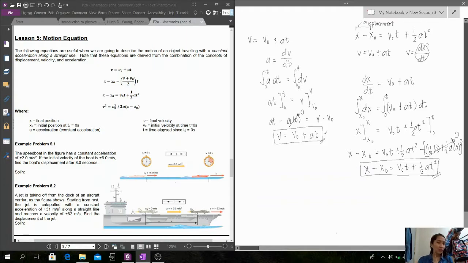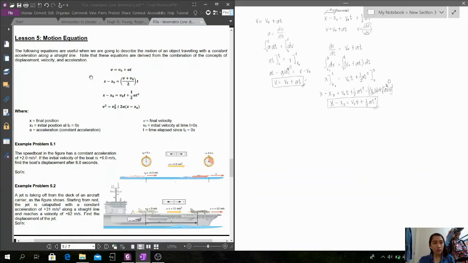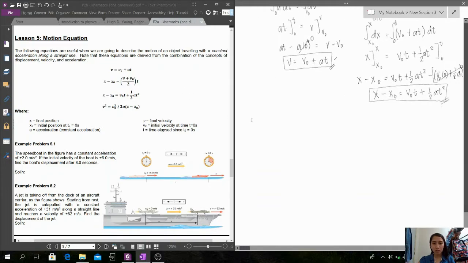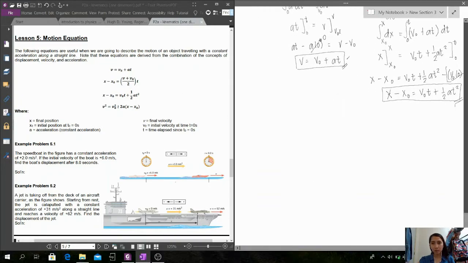So, now let's try to derive this one. We have the final position minus the initial position, which is equal to final velocity plus the initial velocity over 2 times the time t.